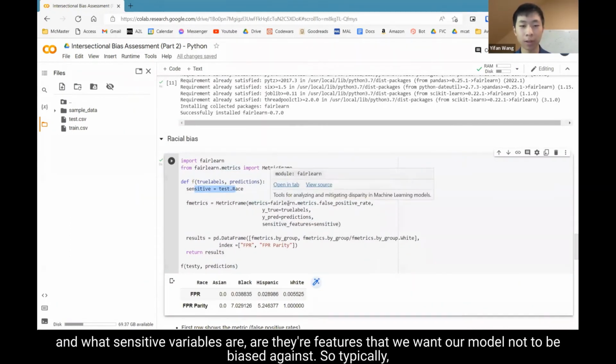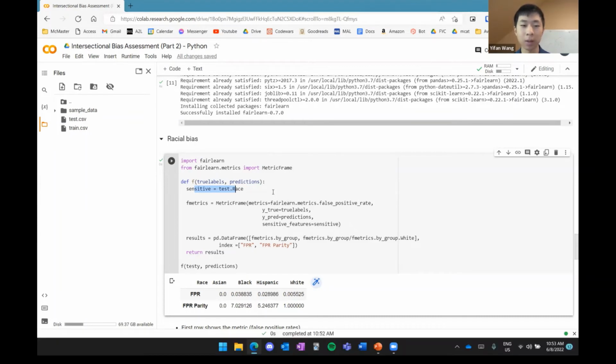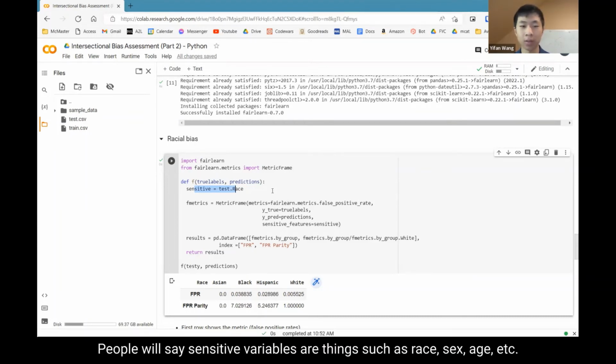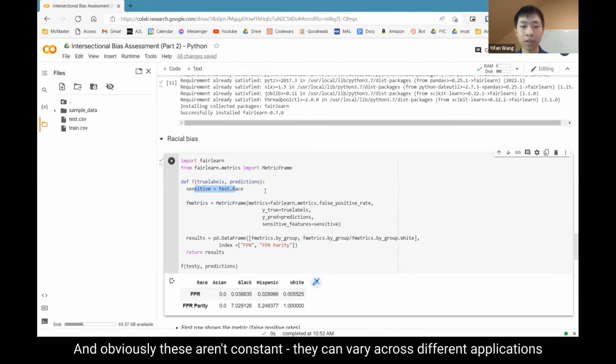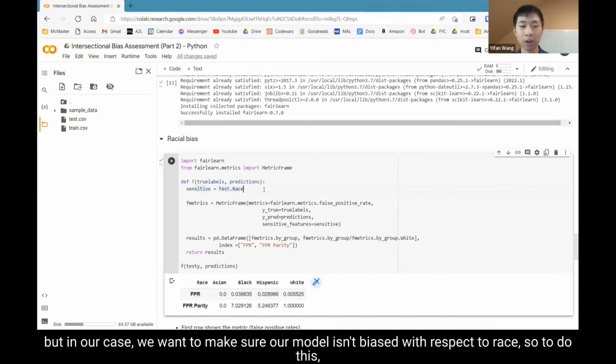And sensitive variables are features that we want our model not to be biased against. So typically, people will say sensitive variables are things such as race, sex, age, etc. And obviously, these aren't constant. They can vary across different applications. But in our case, we want to make sure our model isn't biased with respect to race.